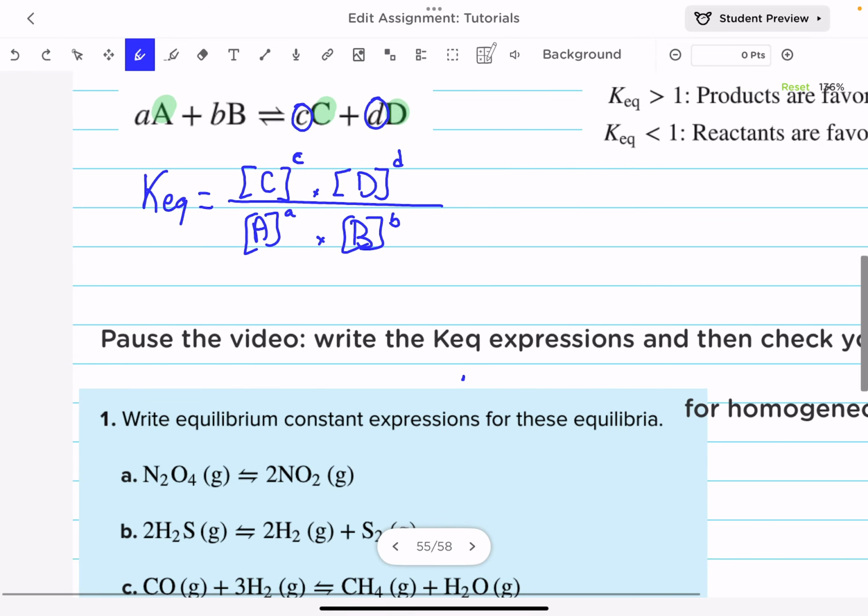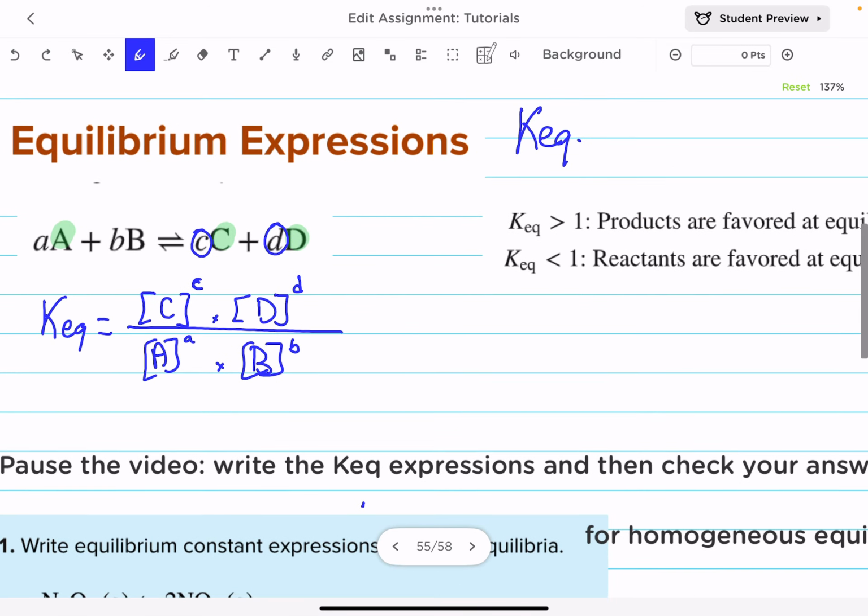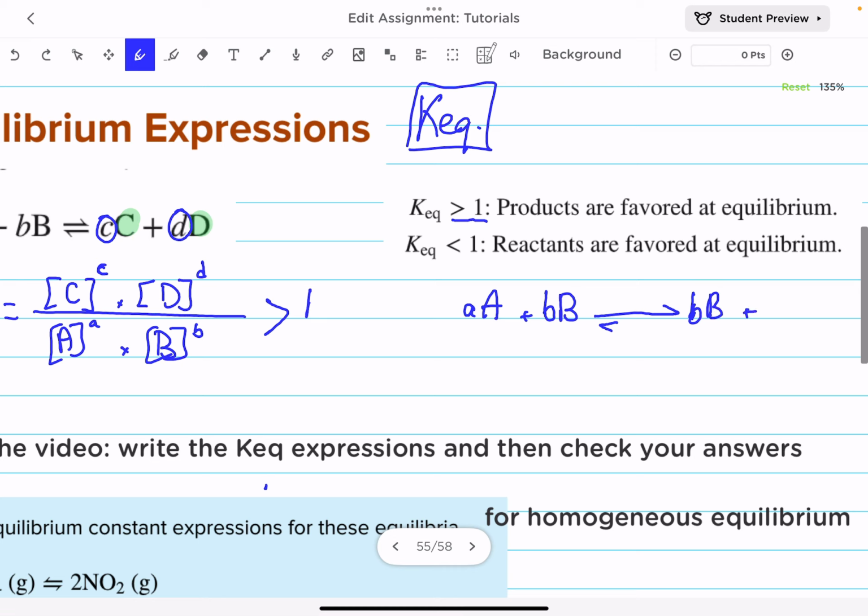Now, of course, this K equilibrium is a numerical value. If this K equilibrium value is a number more than 1, it means that this reaction favors the products. So products are favored.